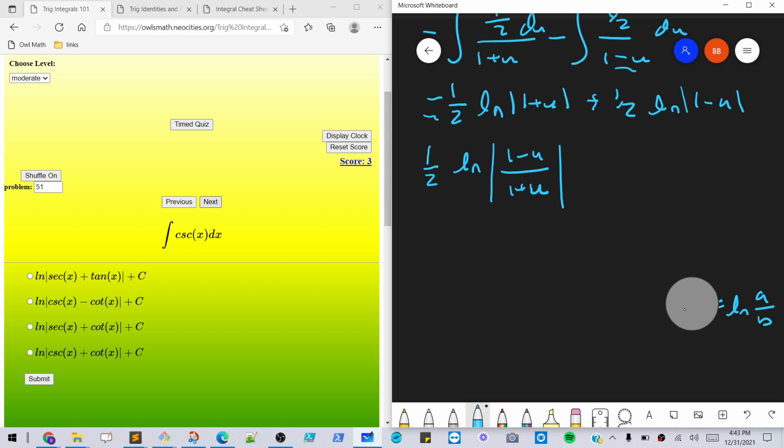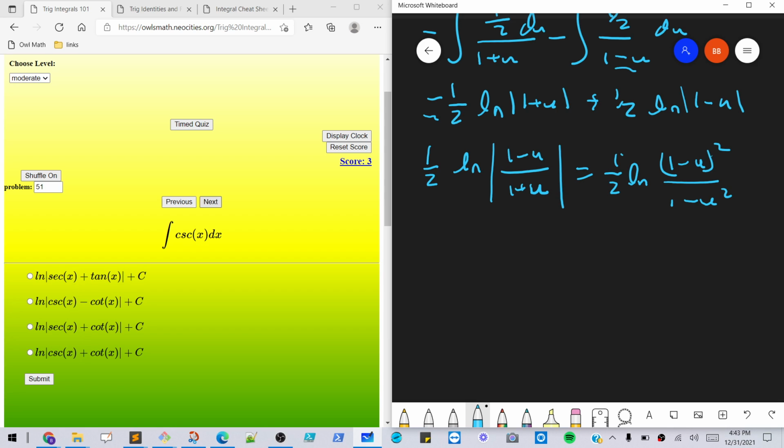Okay, so the next step, I'm going to multiply the top and bottom in here by 1 minus u. I just want to get this into a little simpler form. So we'll have 1 minus u squared. No, sorry, that's not right. 1 minus u all squared over 1 minus u squared, multiplying top and bottom by 1 minus u.